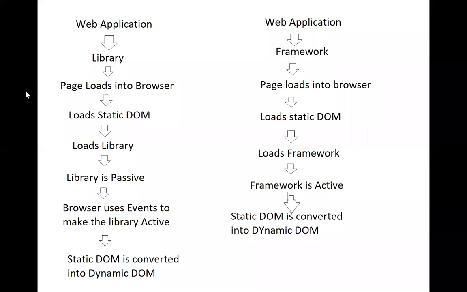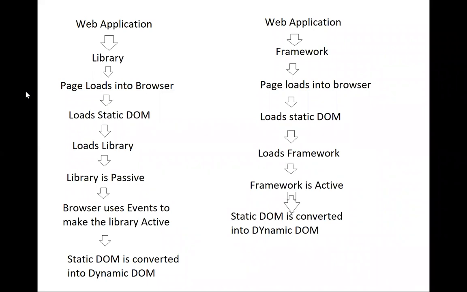What is the difference between a library and a framework? Generally, for an ordinary learner, if you ask what a framework is, he will immediately say a framework is a set of libraries. Everybody knows that.